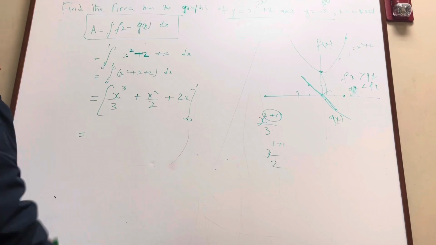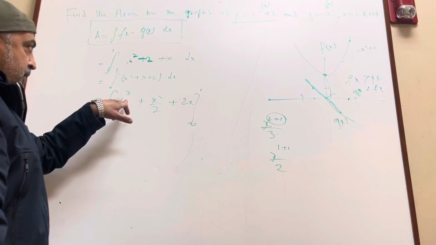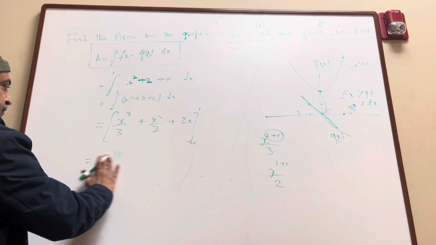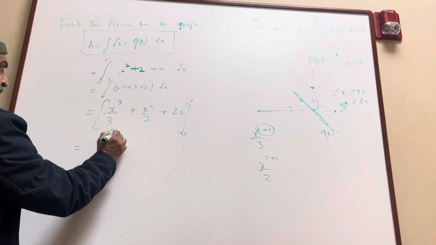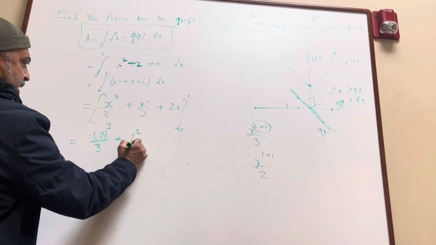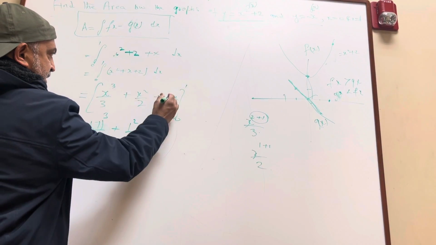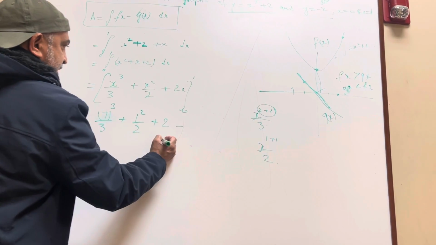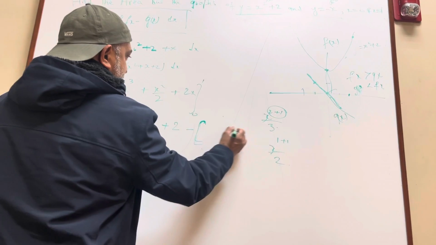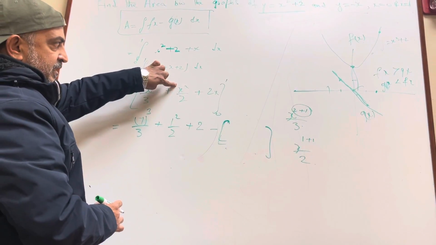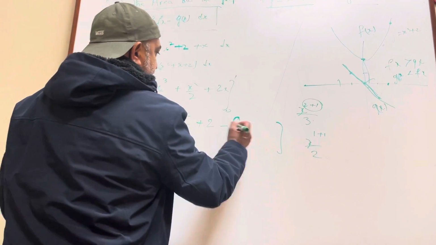Then in the next step we will put the value of 1 as x. So it will be 1 cubed divided by 3 plus 1 squared divided by 2 plus 2, and then minus the value when x is 0, where everything becomes 0.